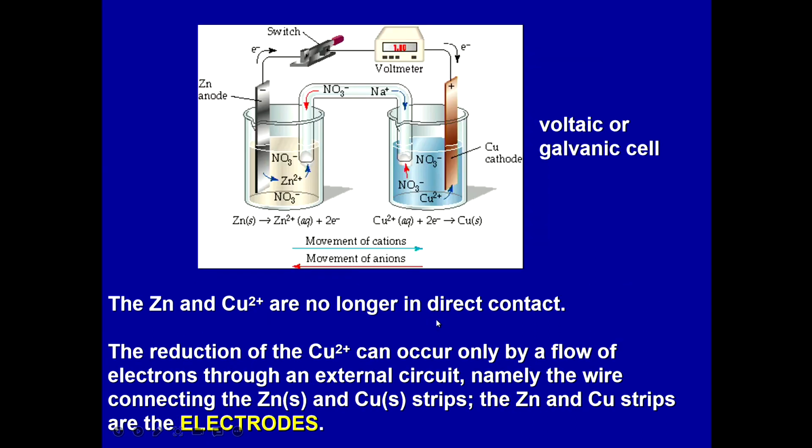So basically, we can design a cell like this. Here we can see this side is the zinc bar, and this side is the copper bar.